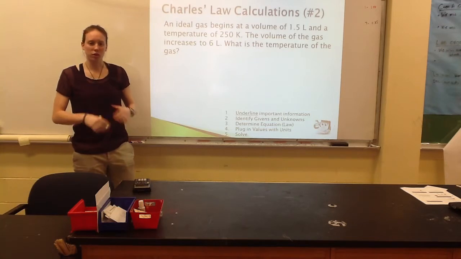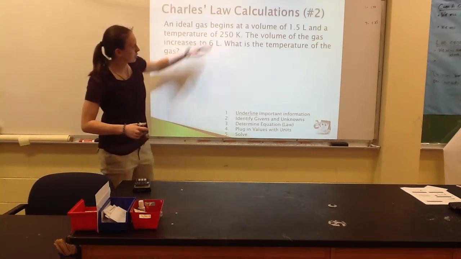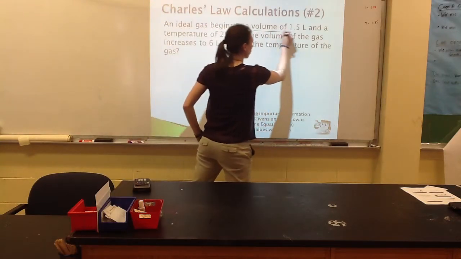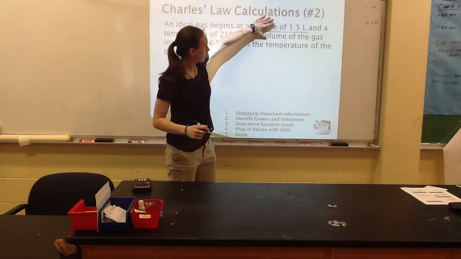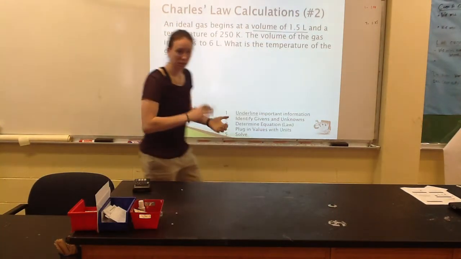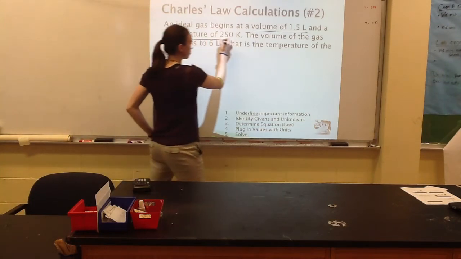Step number one, as always, is underlining our important information. An ideal gas begins at a volume of 1.5 liters. Even if it didn't tell us that was volume, we would notice that liters is our unit, liters for volume. And a temperature of 250 Kelvin.